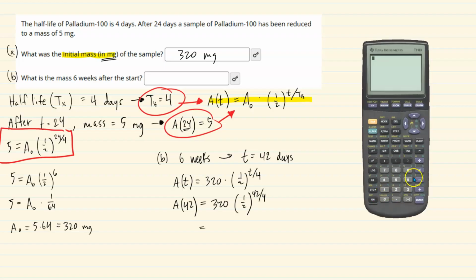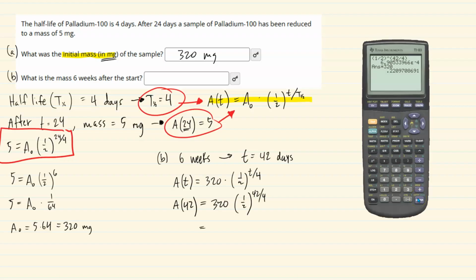We'll do 1/2, or you could just do 0.5, and we're going to raise that to the 42 over 4, which is 10.5. You could do that, but I'll do 42 over 4. You'll get that, but we need to multiply that by 320. And we get our solution.